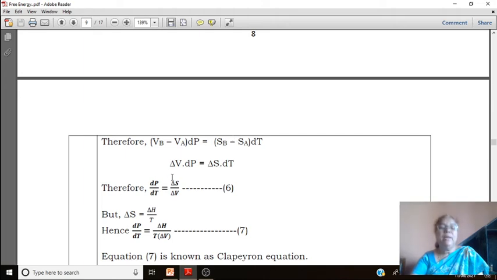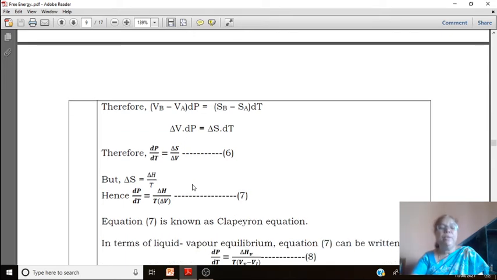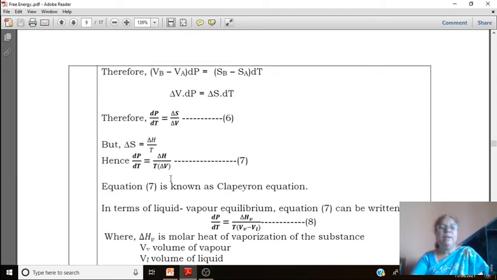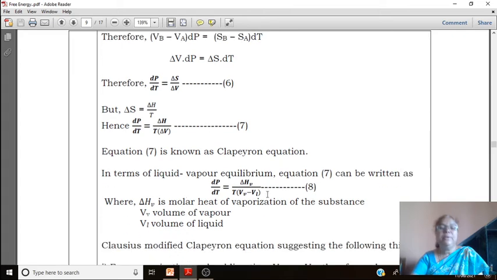That means dP by dT equals delta S by delta V, and we replace delta S by delta H upon T. So we get dP by dT equals delta H upon T into delta V. And you know this equation is the Clapeyron equation.